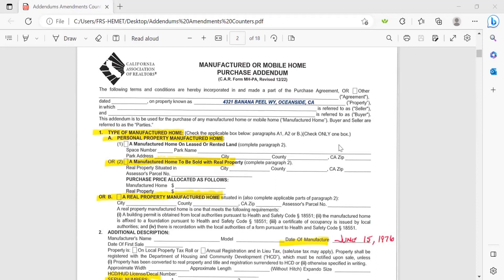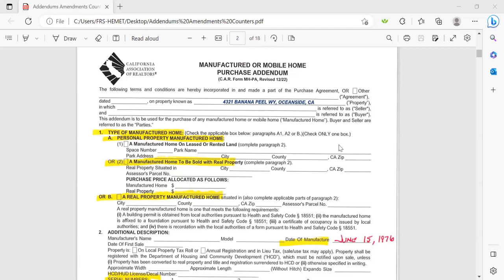One of the first things you come to, right near the very top, you have your name and your address on the RPA itself. There is a little checkbox there that says this is a manufactured home. The RPA is used for any type of single family residence.